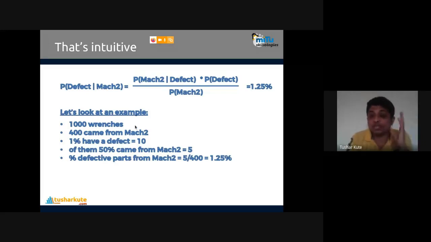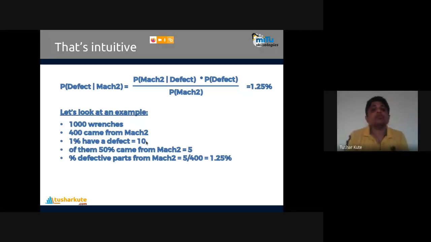Now, we have 1000 spanners in total, correct? According to the speed, 600 are from machine 1 and 400 from machine 2. We know that. Out of 1000, 1% are defective, which means 10 spanners are defective.